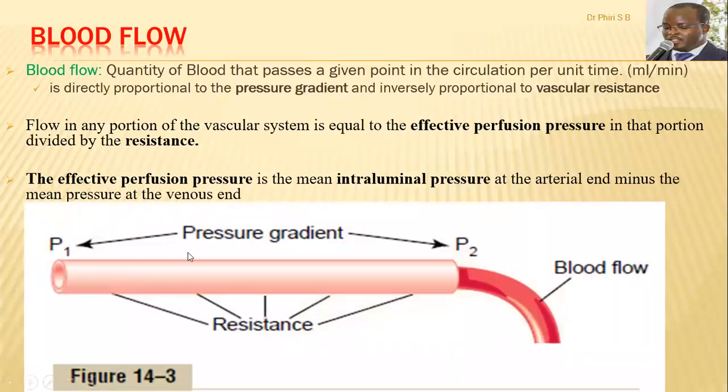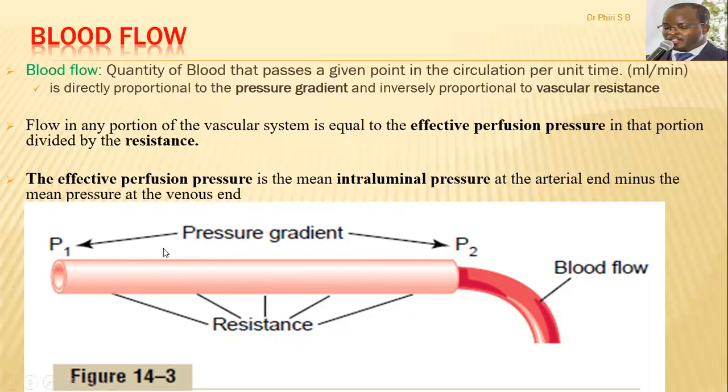You can see in this example a pipe with blood moving within it, and this pipe represents blood vessels in the body. So you have P1 and P2. If you know the pressure at P1 and the pressure at P2, the difference of these two pressures gives you the pressure gradient. But remember, blood always moves from a high pressure point to a low pressure point.